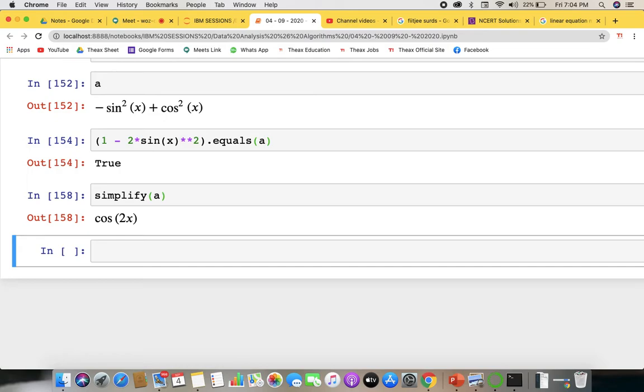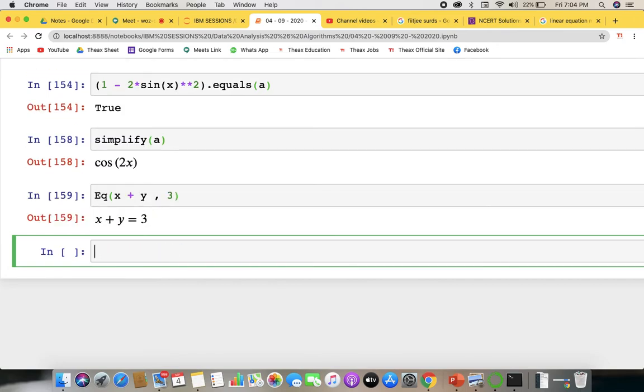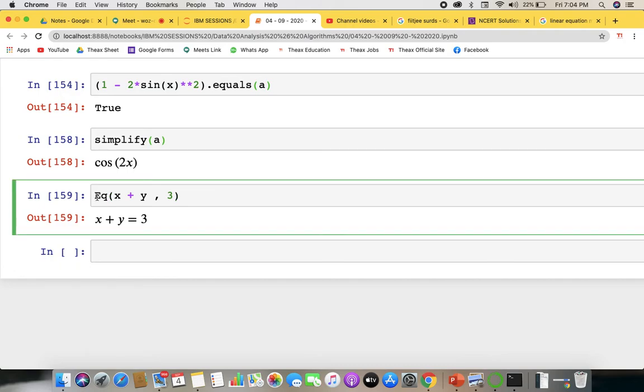Now for equating any equation, let's say I have an equation which says x plus y equals 3. Or if I have another equation, x plus 5y. This is E1.